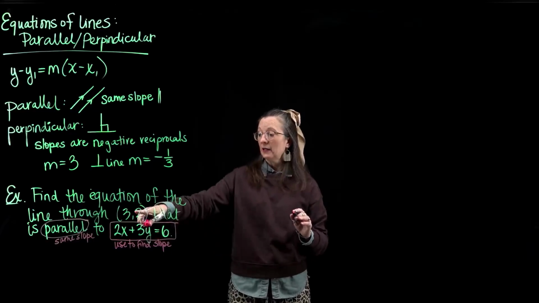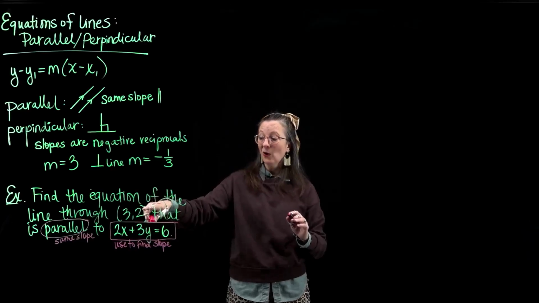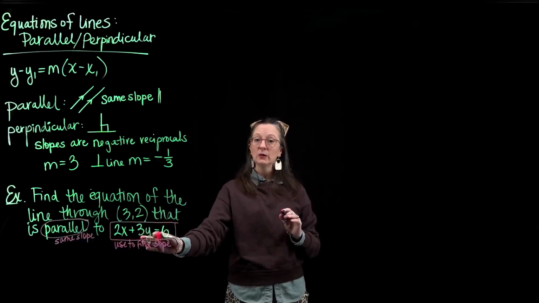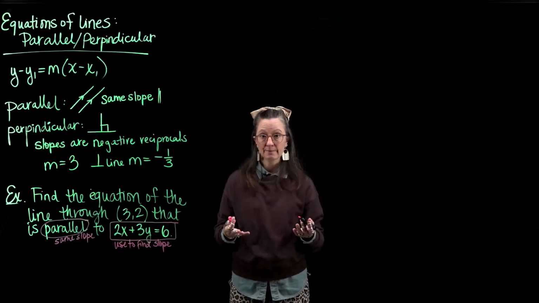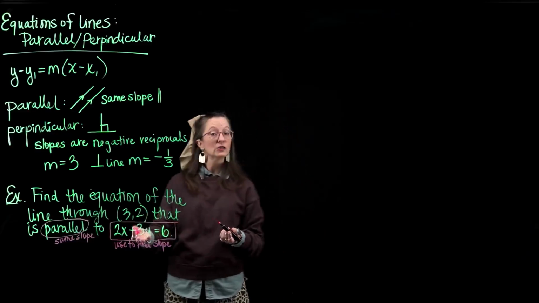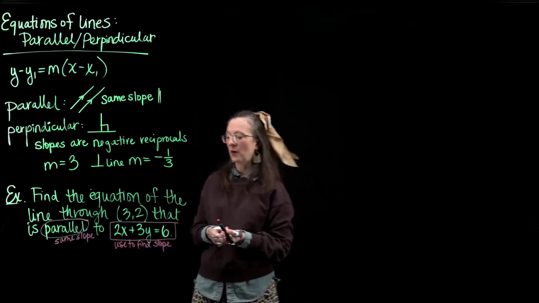Keep in mind, this point (3, 2) is not on the line we've been given. The only thing this line we've been given is good for is for finding the slope of our line. All right, so to find the slope of that line, we are going to solve for y. We'll put it in slope-intercept form, and then we'll just read the slope off of it.